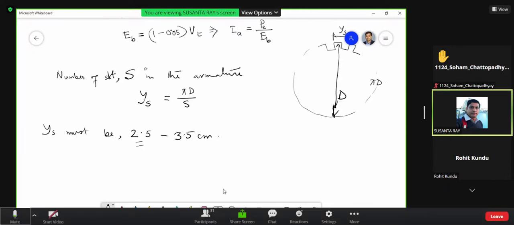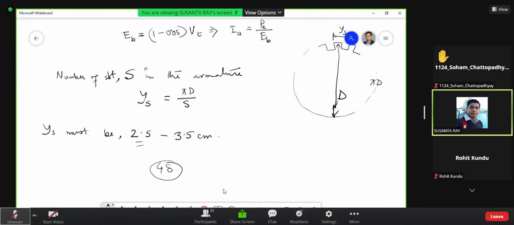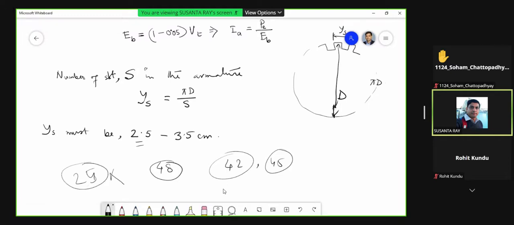Sir, 48. So 48 is a good number for number of slots. Or sir, 25. Sir, can't I take slot as 30? From this, I am getting slot pitch as 3.2. Good number of slots. 36 you can take and see what the ratio is.